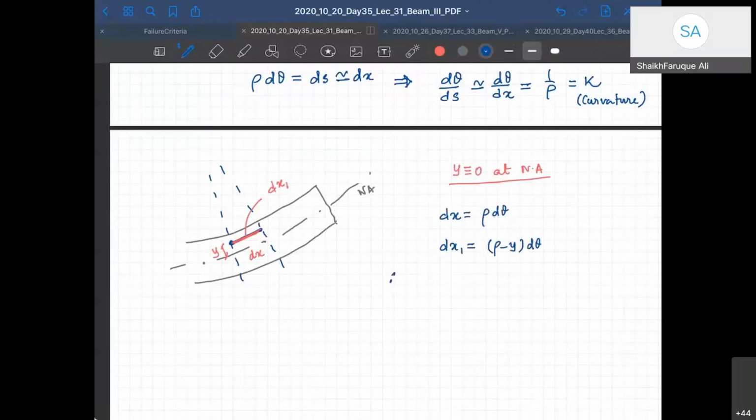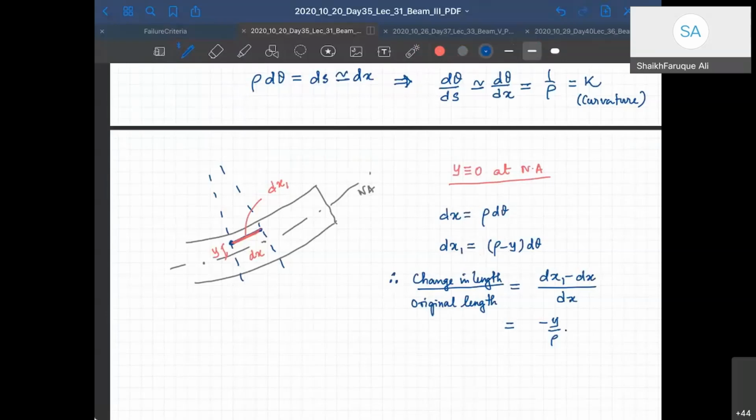Therefore, change in length by original length is equal to dx1 minus dx by dx, which is going to come out as minus y by rho. Did I write it correctly?